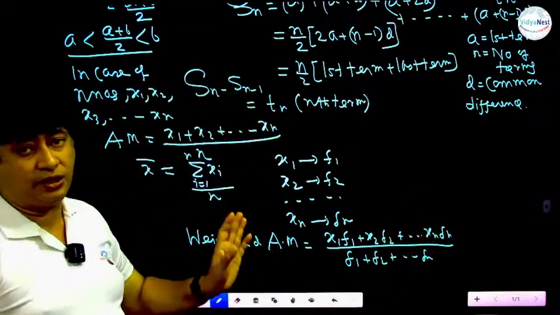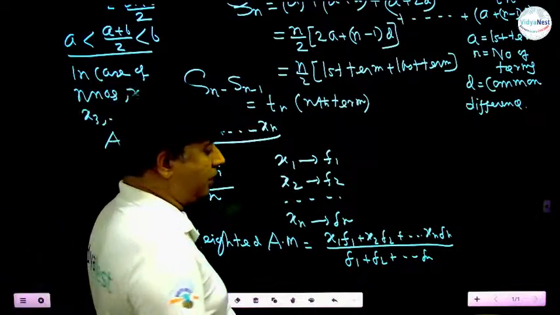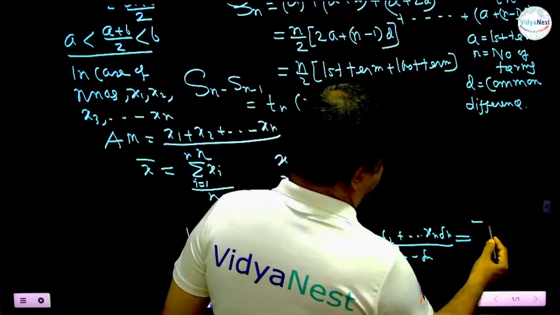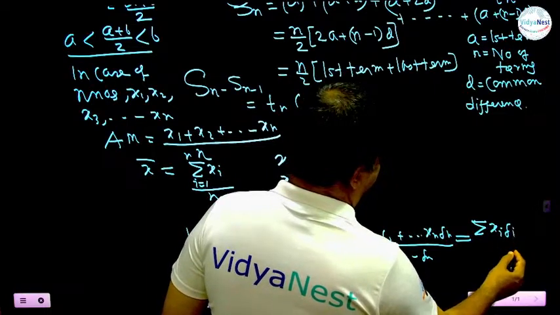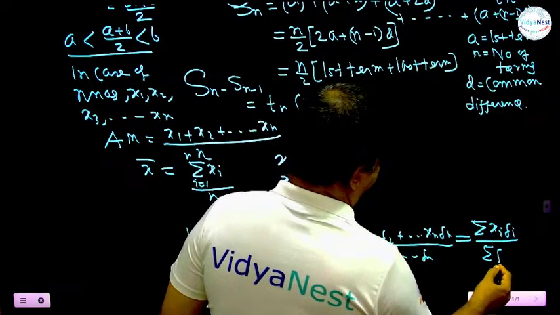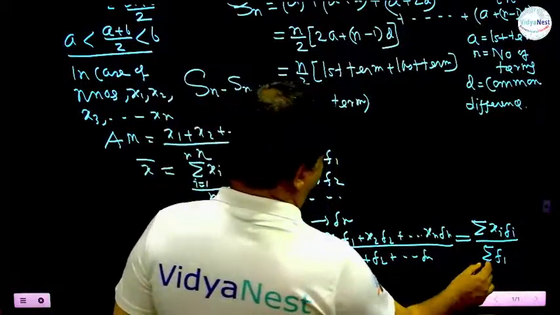If you wish, you can write it in terms of summation. That is the weighted arithmetic mean.